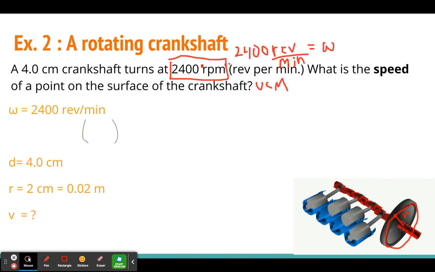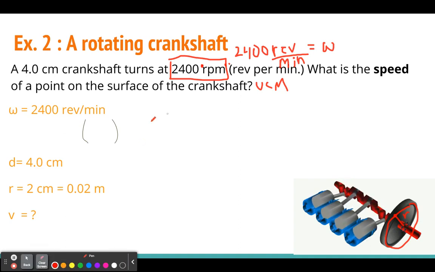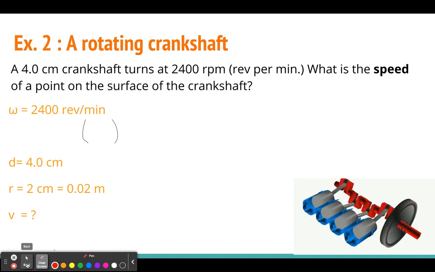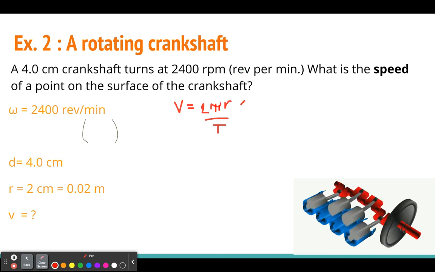And we're looking for the tangential velocity, or that constant speed. We know that tangential velocity is 2 pi times the radius divided by the period. And from our previous classes, we also know that tangential velocity and our angular velocity are related by the radius r.